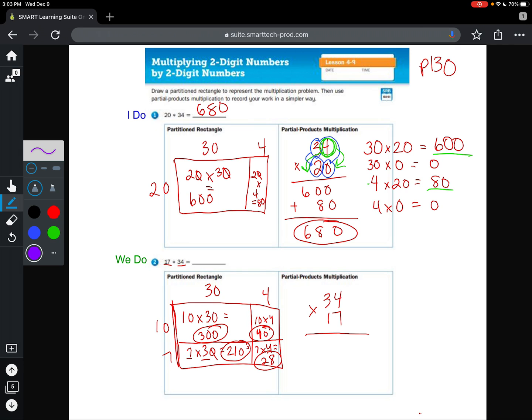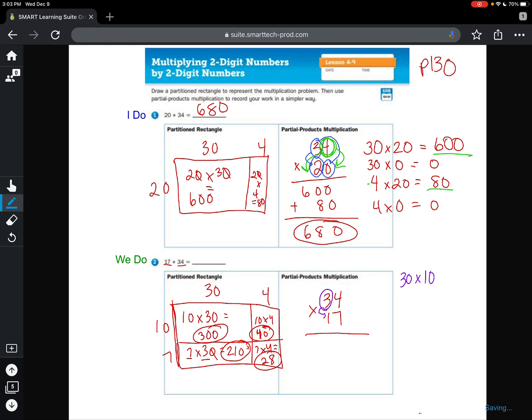So I'm going to start in my tens place, and I'm going to do 30 times 10. Remember, it's 30 times 10 because both the 3 and the 1 are in the tens place. And I know that 3 times 1 is 3, and I have 2 zeros to put towards the end. So I'm going to write 300 down here for me to do my addition.